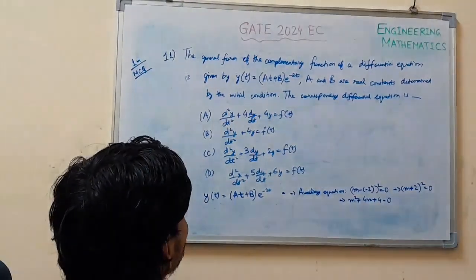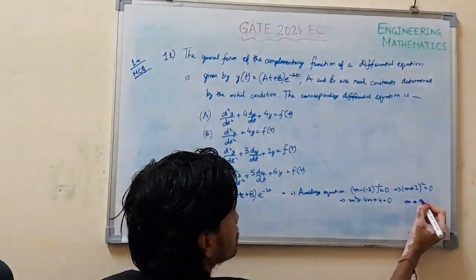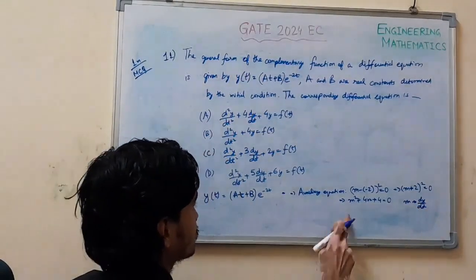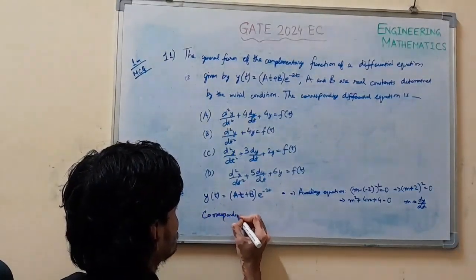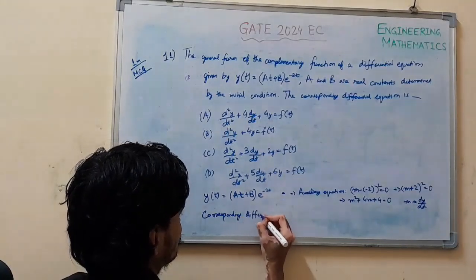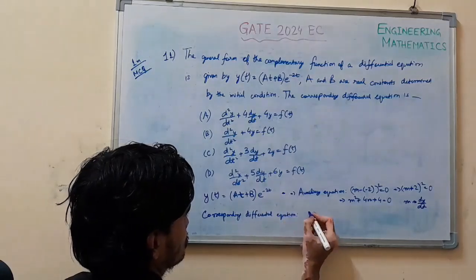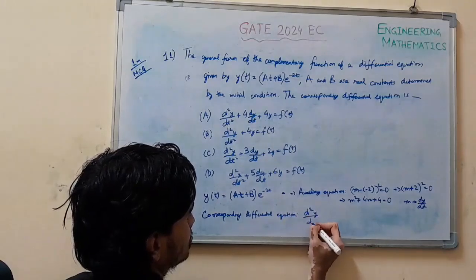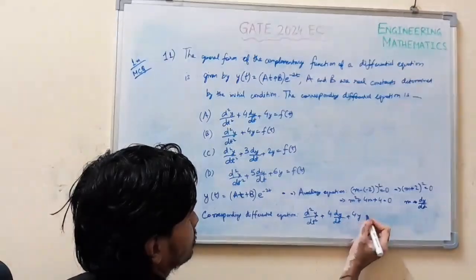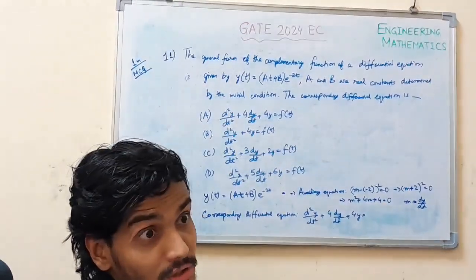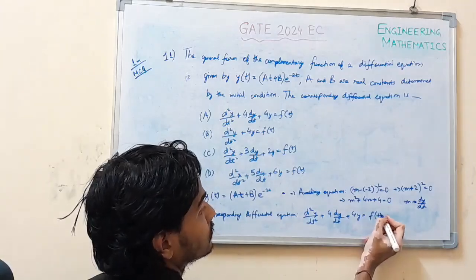Now, m here is d by dt. So the corresponding differential equation will be d2y dt2 plus 4 dy dt plus 4y equal to 0 is the homogeneous equation, but the general differential equation has f of t on the right side.